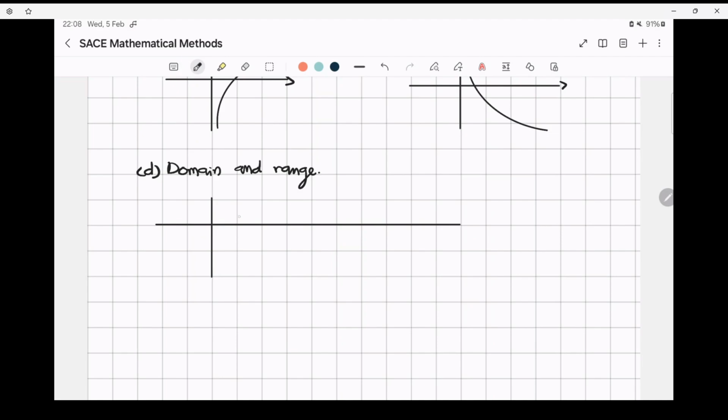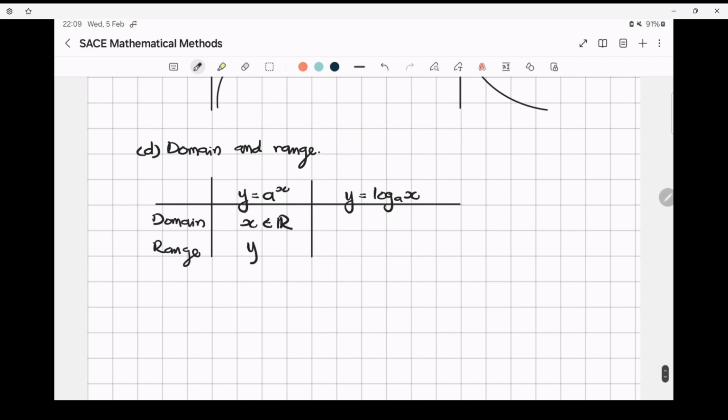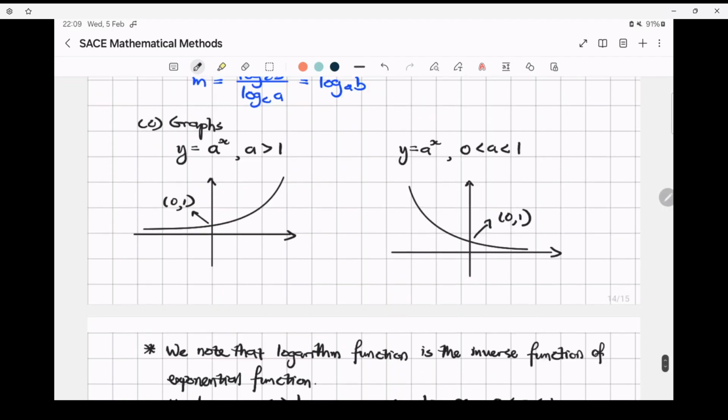Let's say this is y equals a to the power x, and this is y equals log base a of x. This is your domain and this is your range. For domain, your exponential function will be the set of all real numbers. For range, this will be y greater than 0, as you can see from the graph.